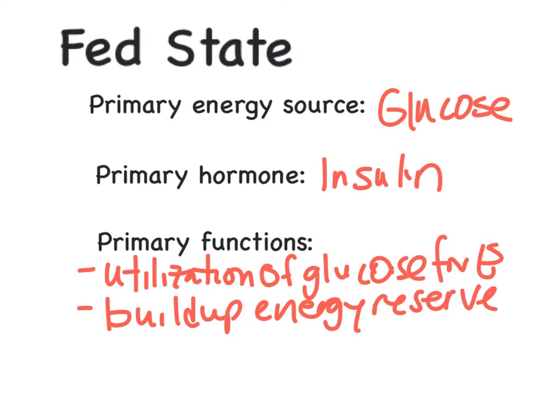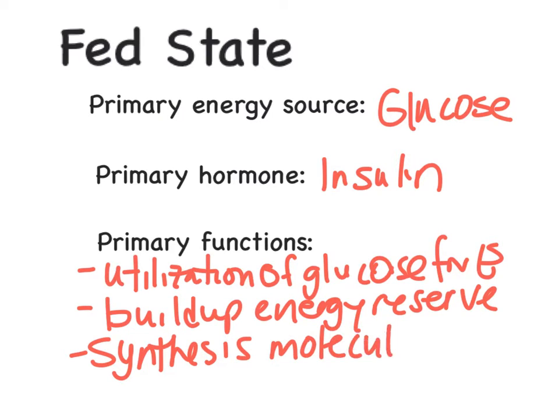And these are going to be the triglycerides and glycogen. And lastly, since we have sufficient glucose and energy around, we can also do some synthesis of other biological molecules, such as cholesterol.